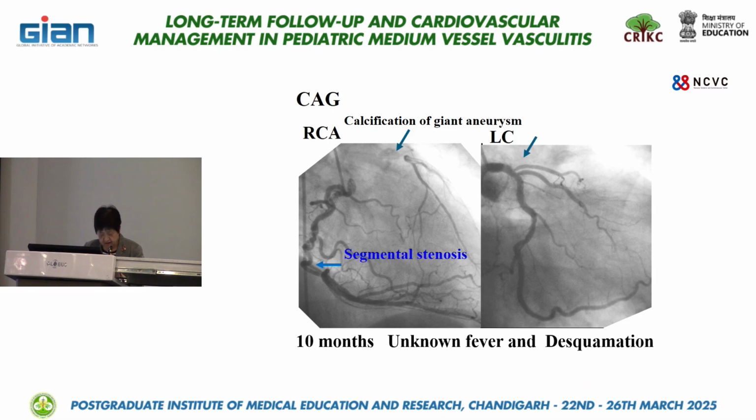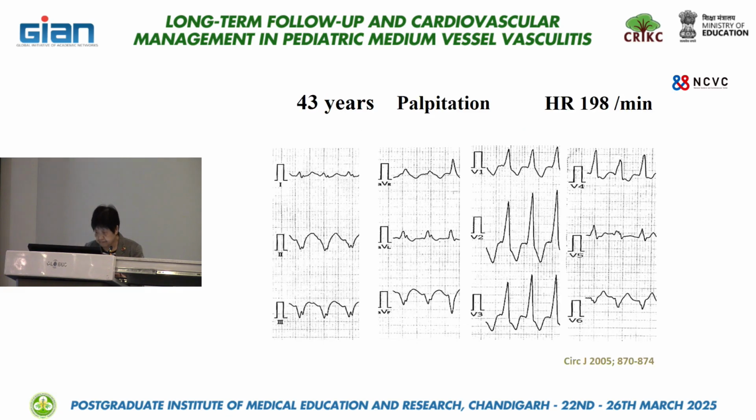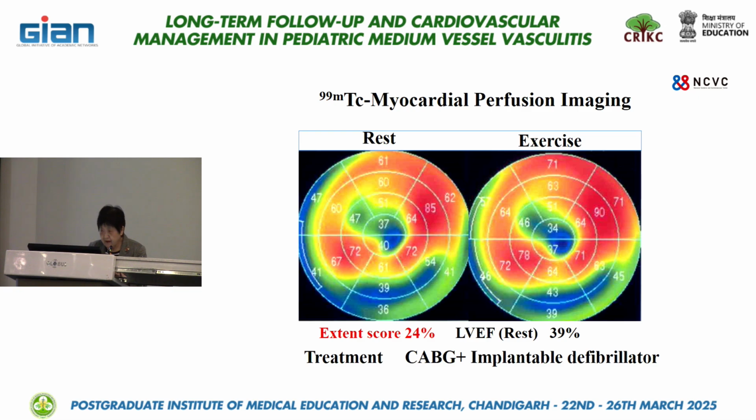He had had an unknown fever at the age of 10 months. At the age of 43 years, he attended the hospital because of fever and palpitation with a common cold. An electrocardiogram revealed ventricular tachycardia. His MPI is shown.